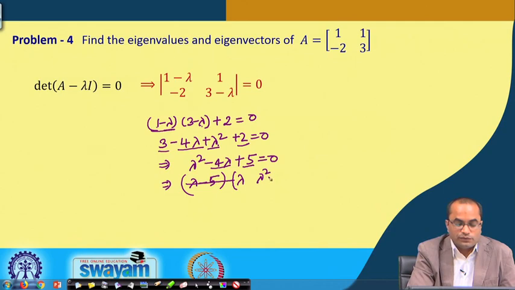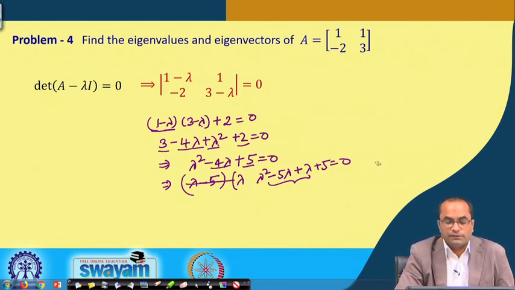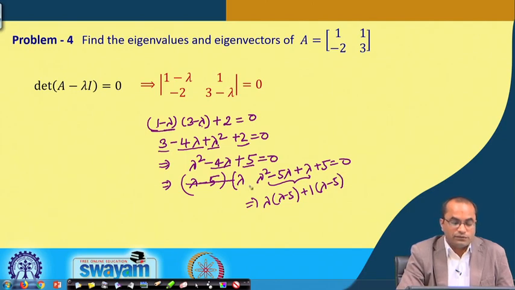So, we have lambda square minus 5 times lambda plus lambda plus 5 is equal to 0. This minus 4 lambda we have written as minus 5 lambda plus lambda. Now, this is not working.